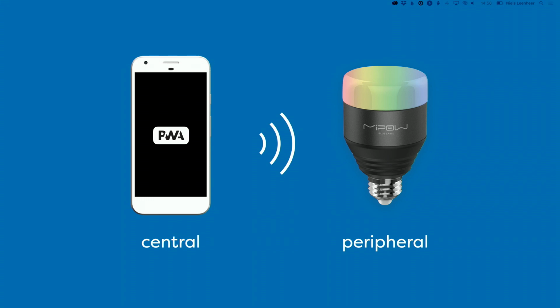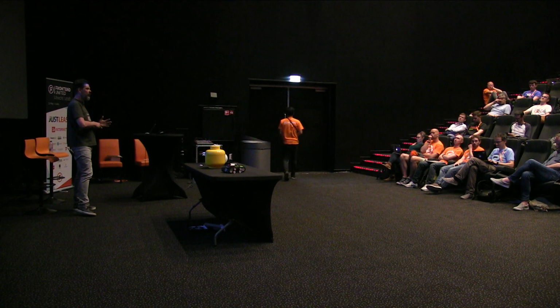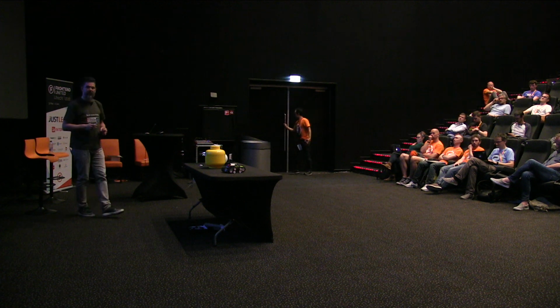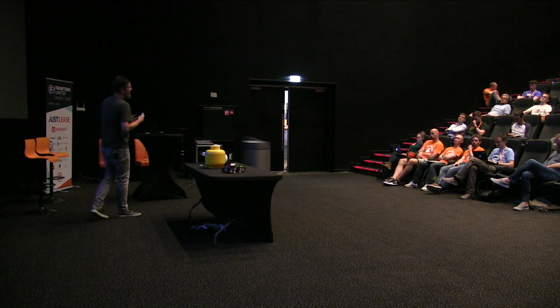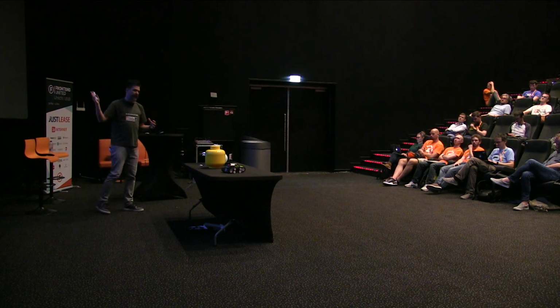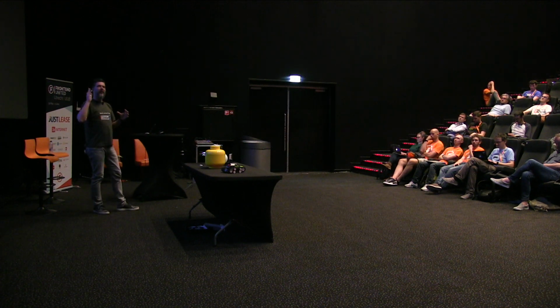A peripheral can't connect to a central device or to another peripheral. And once a central device is connected to a peripheral, another central device can't connect to it anymore. So there's just one connection at a time for a peripheral.